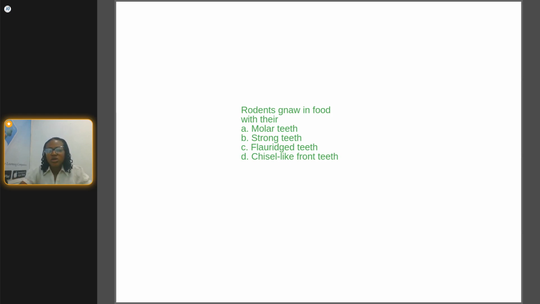All right, so looking at this question very well, rodents gnaw in food with their. What do they mean by gnaw in food? What would they catch their food with? Even with the explanations that we had on the mammals, using the understanding of the mammals, what will the rodents use to gnaw in food, to catch their food?